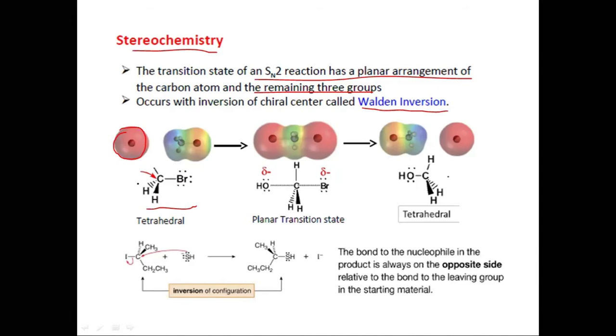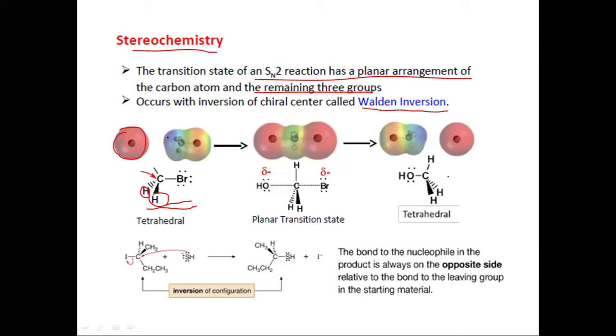Wait, so this is not an optically active substrate. Do you think this is an optically active substrate? No, sir, it's optically inactive. Let us assume it is optically inactive.